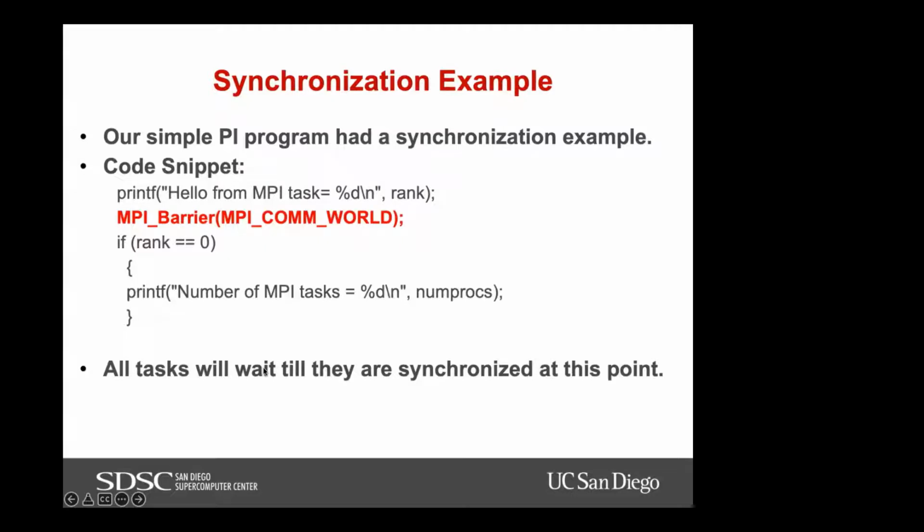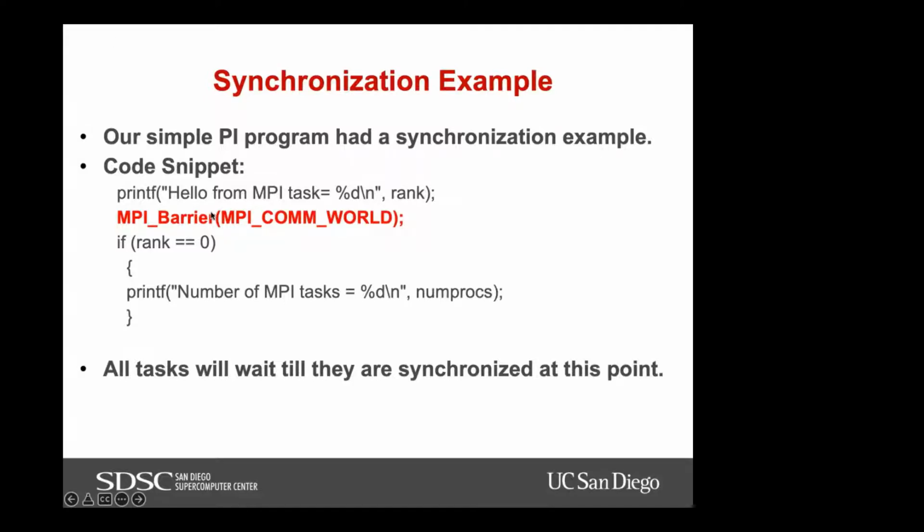So we'll start with a synchronization example. In our simple Pi program, I had thrown in a synchronization, even though it wasn't needed. There was a code piece that said MPI barrier, right? What this means is this will block till all the tasks get to this point. So say you want to make sure that every point in your domain is updated before you go to the next step, and you don't want to accidentally start running the next step on parts of your domain and not on the others.